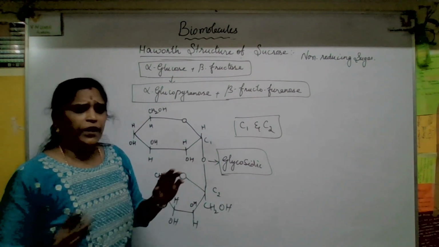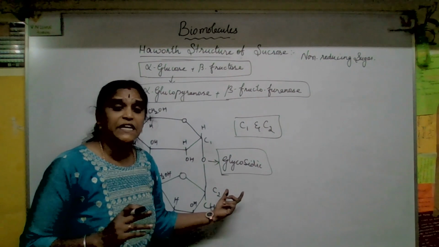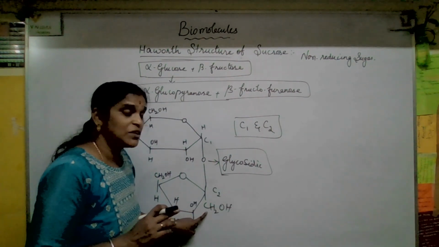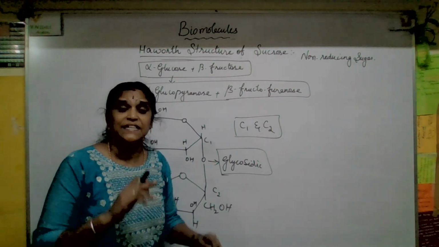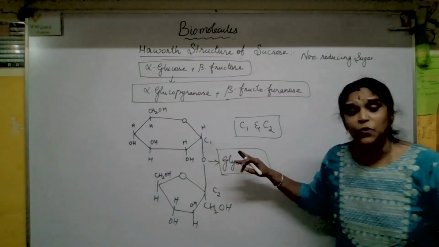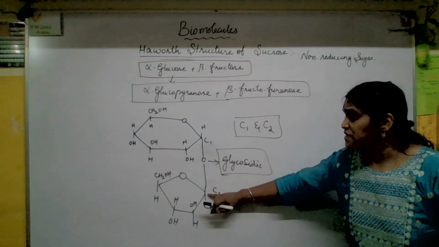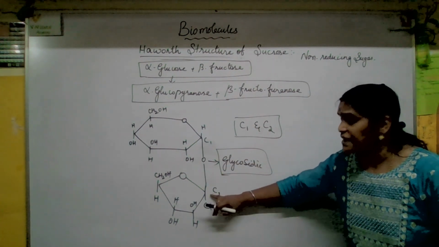Now everyone will ask the same doubt. Here C1 and C2, how come C2 is available? Here C1 starts from CH2OH, and the second carbon is the keto group. From the keto group only, the CHOH is going to attach. So that is the reason this is C1 and this is C2.